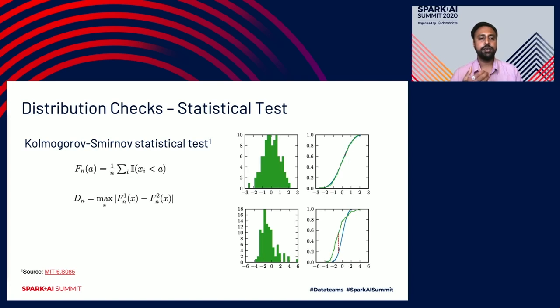The closer the value D_n is to 0, the more likely that the two distributions are the same. You don't have to worry about implementing this yourself. There is a library in Spark ML for the Kolmogorov-Smirnov test, and you can leverage that to do this automatically. So moving on.